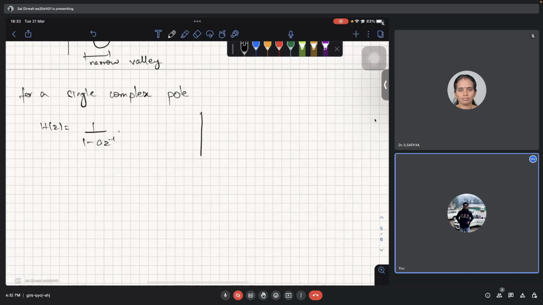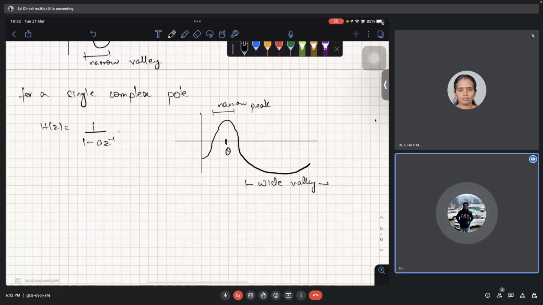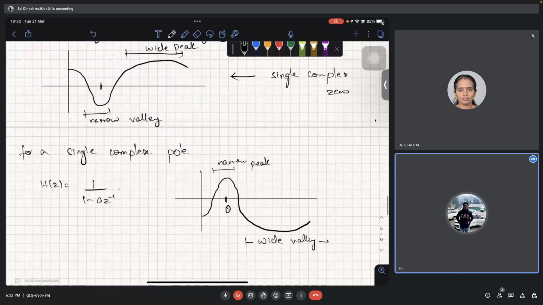So let's say the angle of the pole is theta, and let's just do it again. So it will be a narrow peak, and the valley is broad. So a wide valley and then a narrow peak. So this is the response for the single zero and single pole.